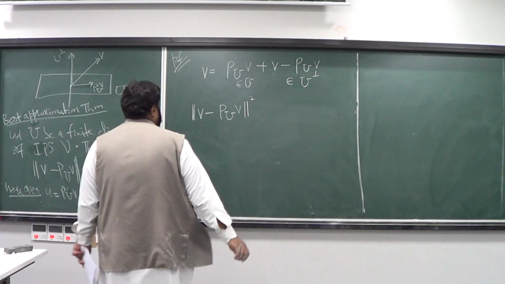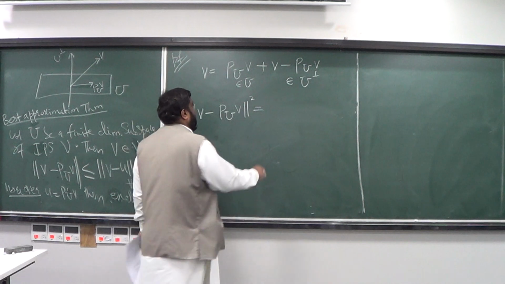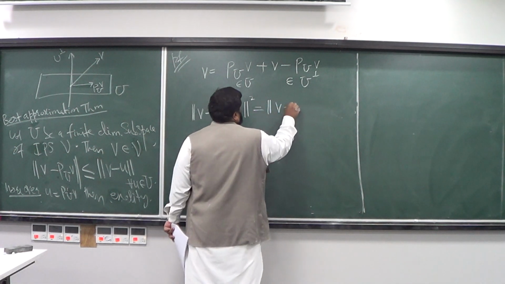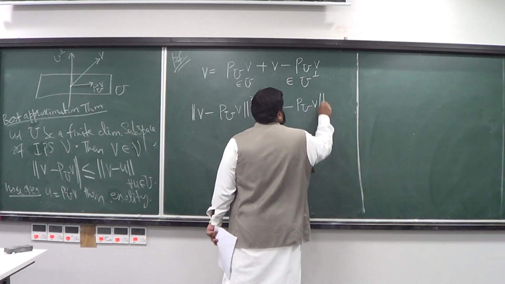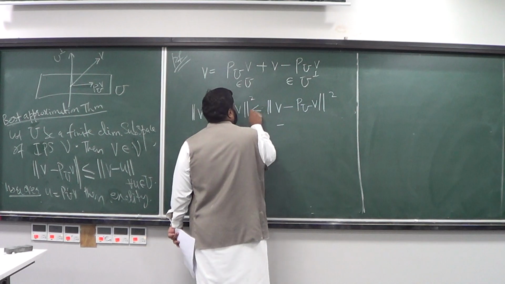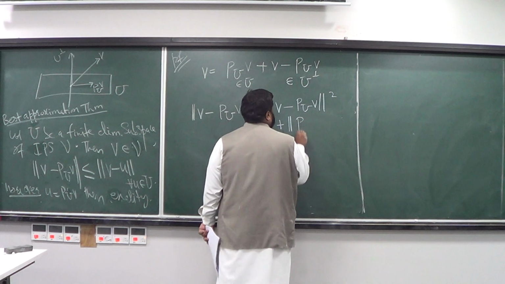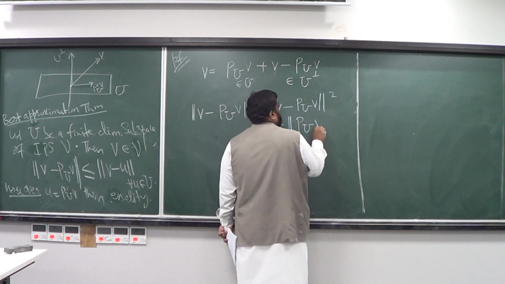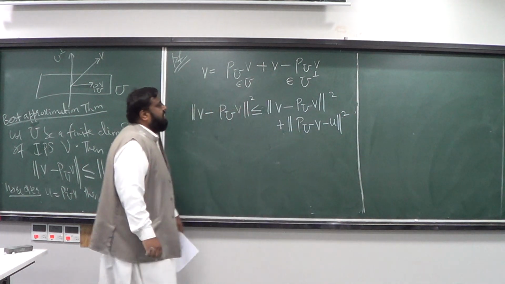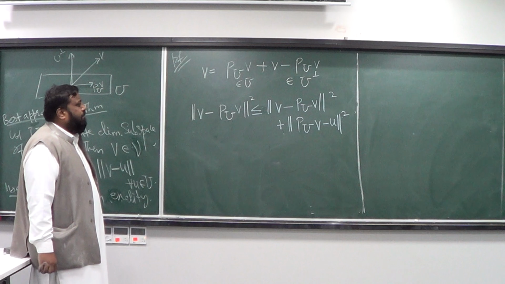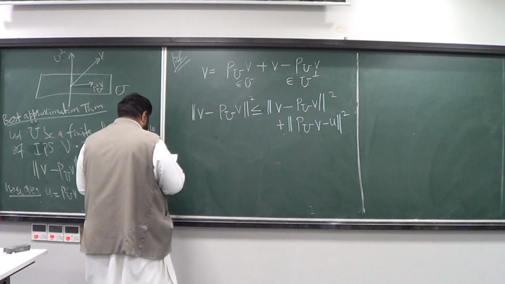I can write, for example, this norm as the norm of V minus P_U of V squared plus, if I add one more term to this side, the norm of P_U V minus U squared. This will make the other side bigger, so this sum would be bigger than or equal to this side.